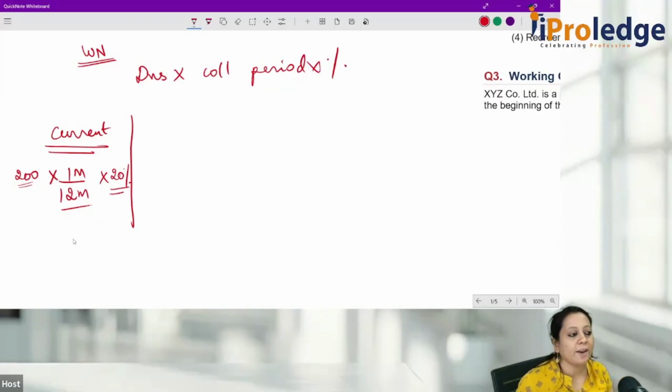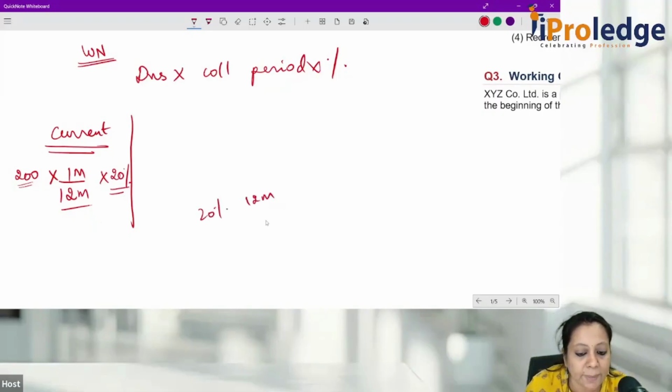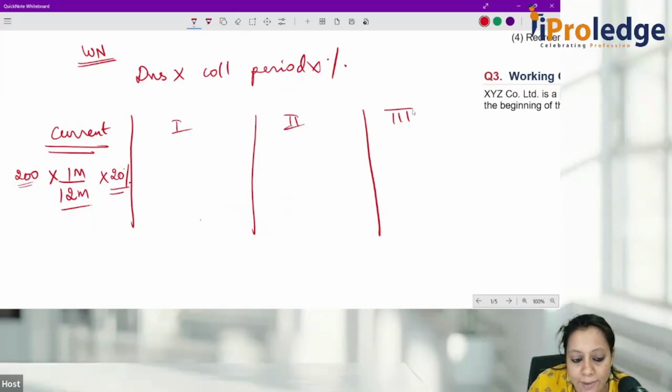Ma'am, why should you do 1 divided by 12? Because 20% is the percentage for one full year. 20 percentage is for 12 months. That means for 1 month, how much is it? That is why we are doing into 1 divided by 12. This is the logic. Instead of putting in the business, had I put it anywhere else, I would have got 20 percentage.